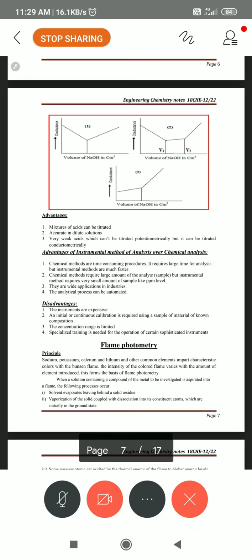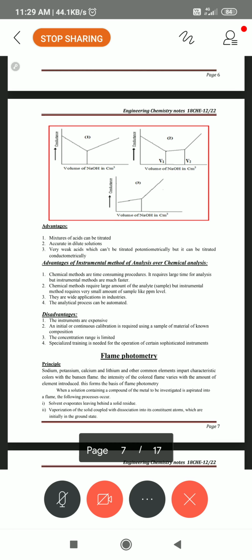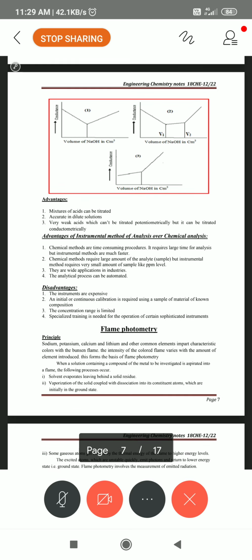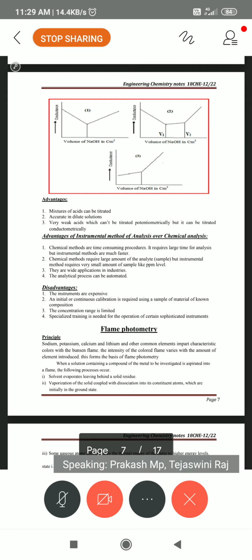Per million means 1 divided by 1 liter of DM water. So 1 gram or 1000 milligrams dissolved in 1 liter, converting into ppm by multiplying by 1000, we call that solution a 1000 ppm solution, also called a stock solution or a standard solution. This is for sodium chloride.